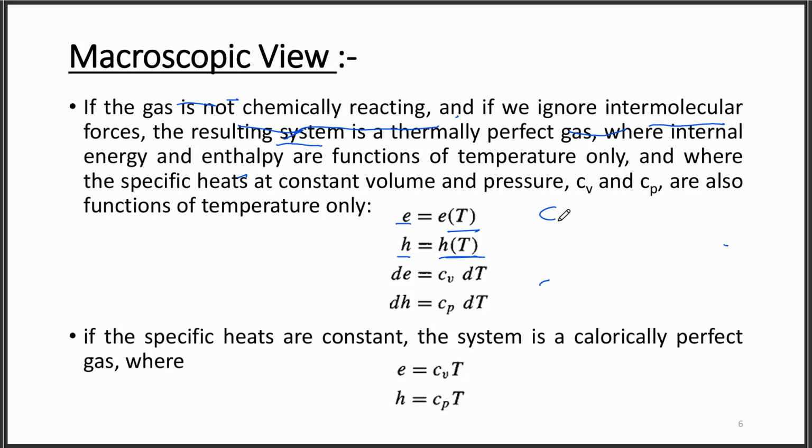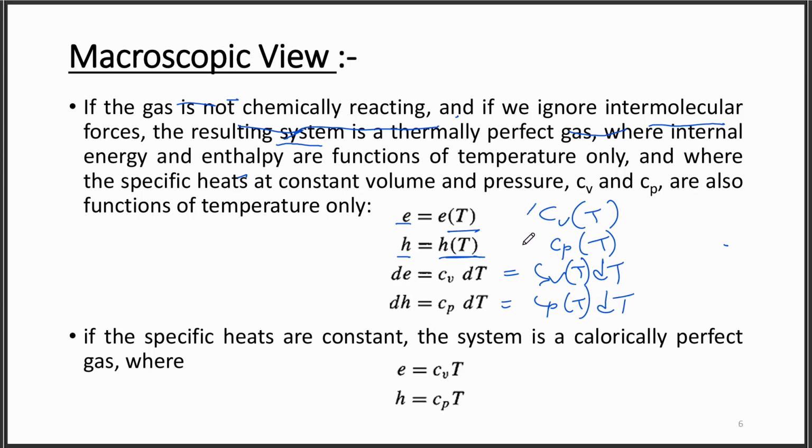Besides this, specific heat at constant volume and specific heat at constant pressure are also functions of temperature only. So if we write dE equal to Cv dT, it is equal to Cv as a function of T dT, or dH equal to Cp as a function of T dT.